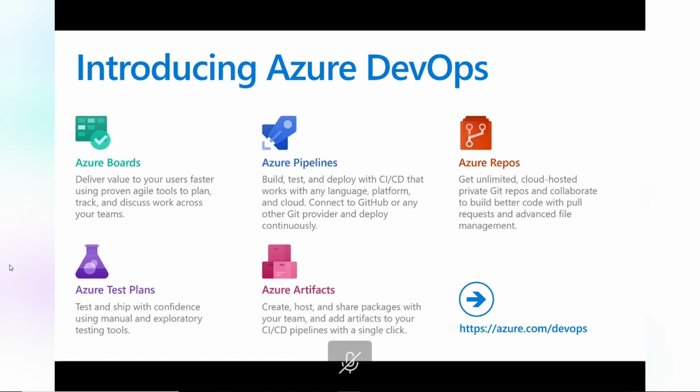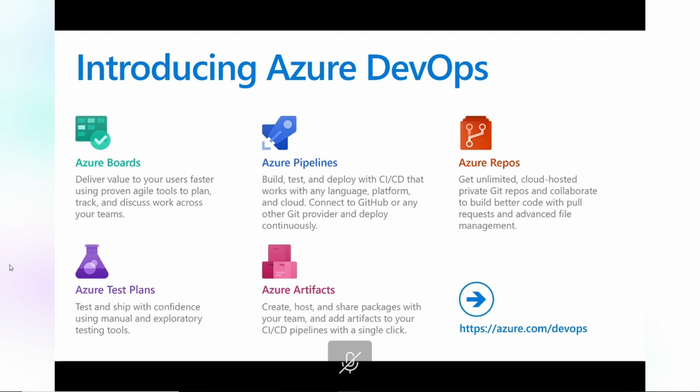So Visual Studio Team Services was this great set of products, but a lot of people are coming into software development with other tools. Perhaps you're using Jira for requirements management. Perhaps you're using GitHub to host your Git repositories. And so the idea behind Azure DevOps is to take these tools and actually break them apart into individual components so that you can adopt just the tools that you need.